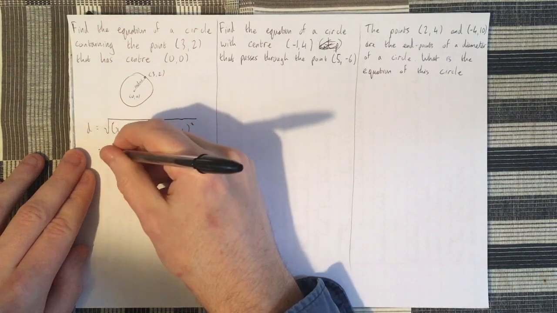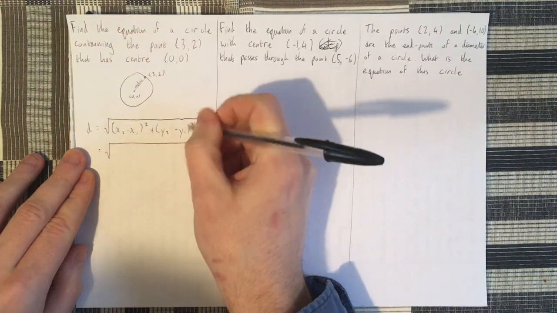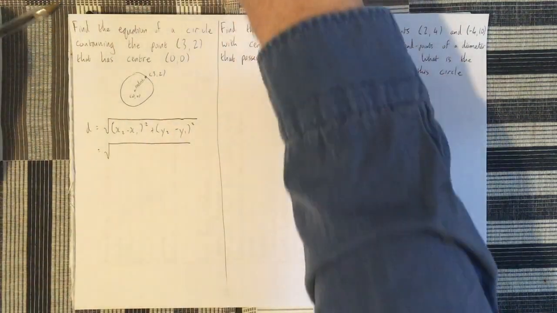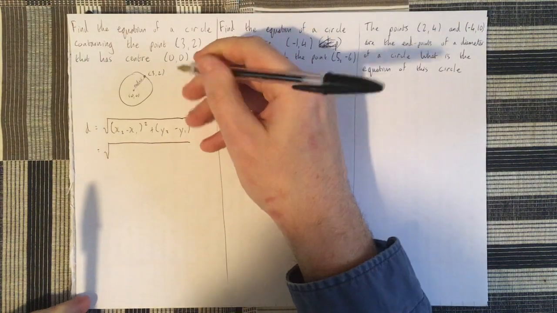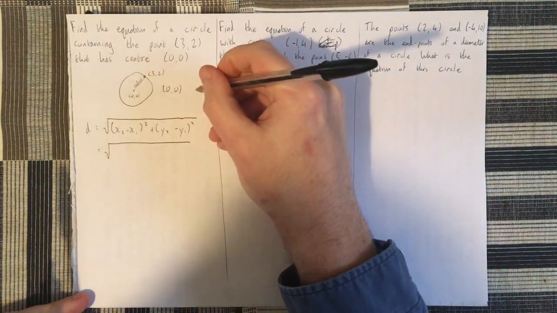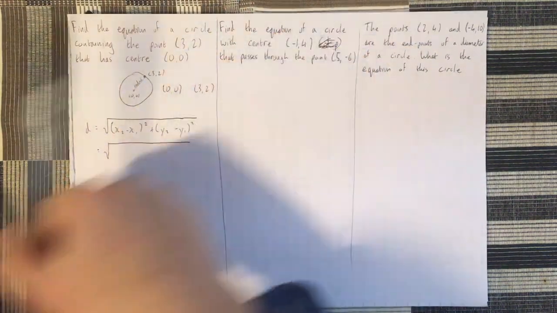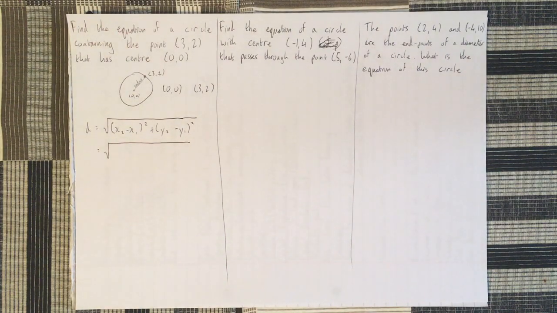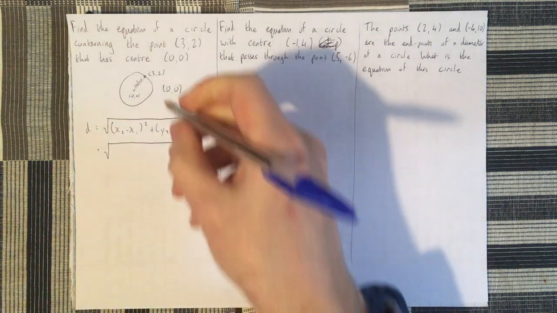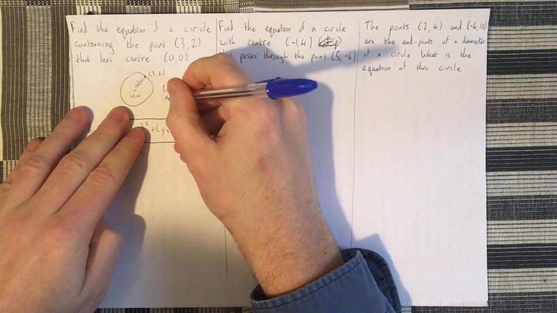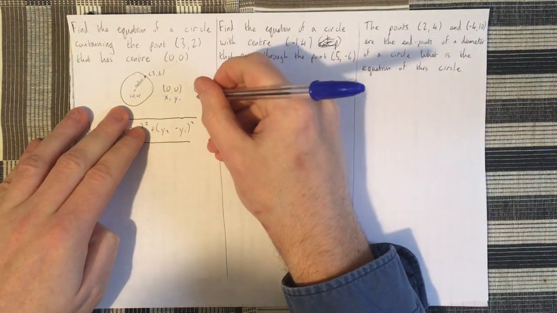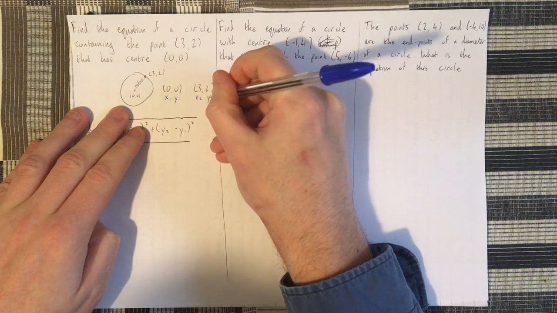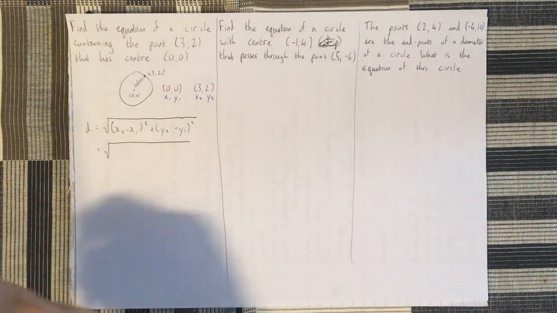So my 2 points are 0, 0 and 3, 2. If I call 0, 0 x1, y1, and I call 3, 2 x2, y2, and then sub in.